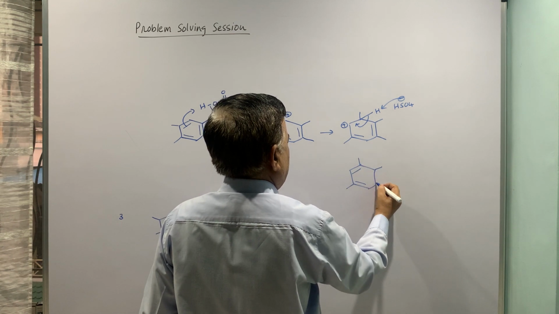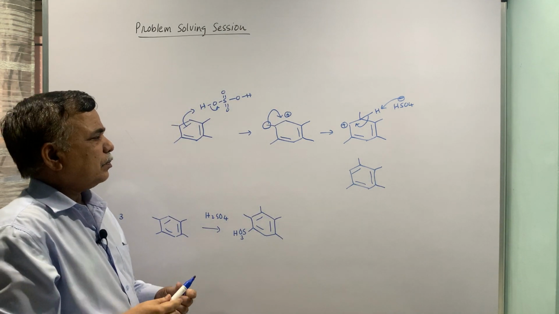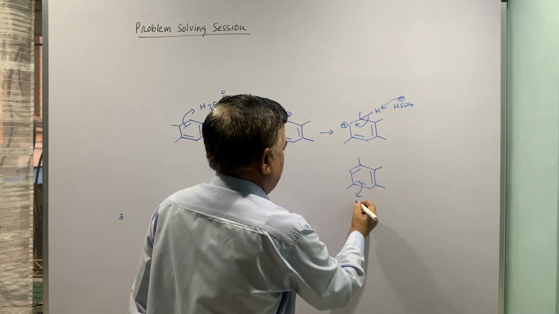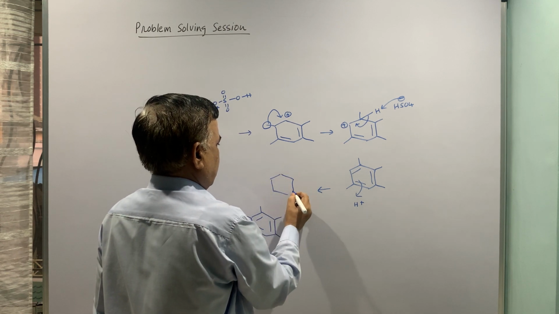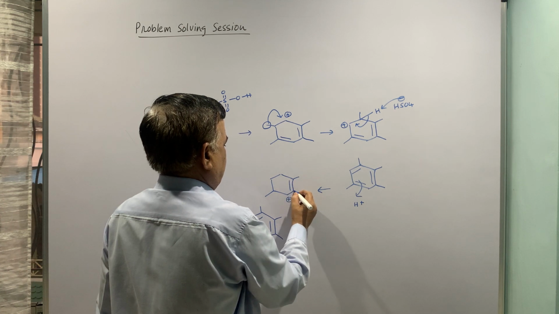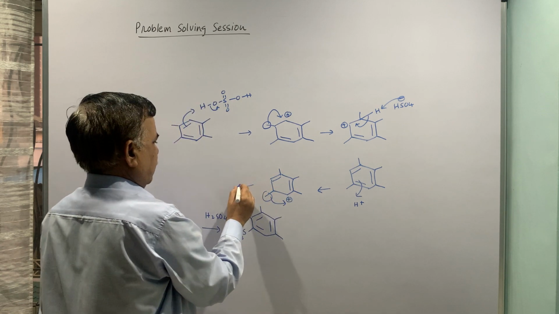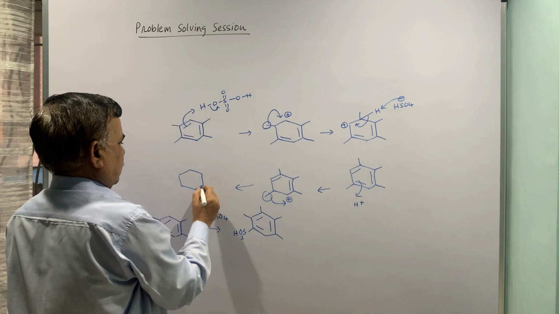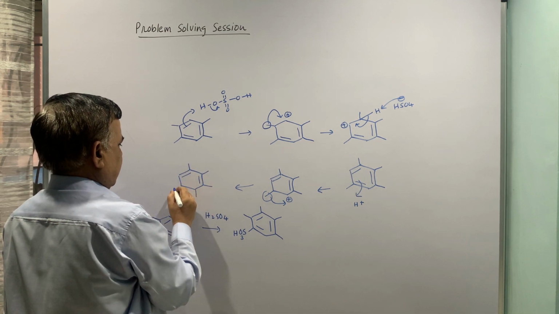intermediate, I would say. Now, you can see that out of 4, 3 methyls are in line. Then comes the next one, methyl shift, now you can see that all 4 methyls are in line.